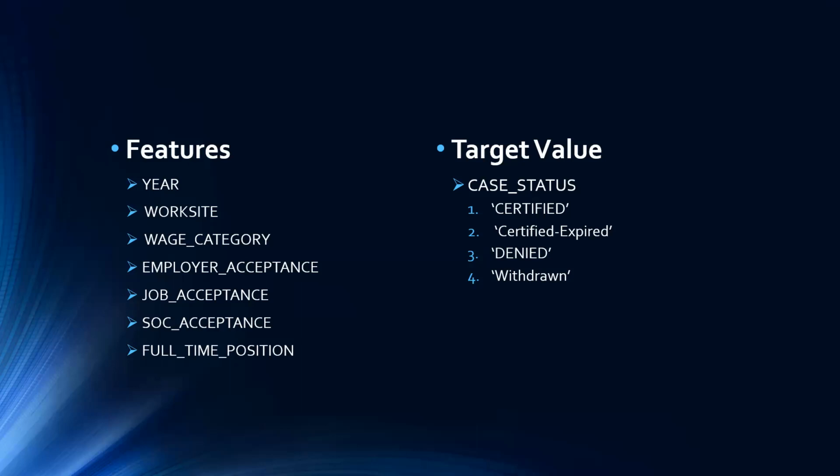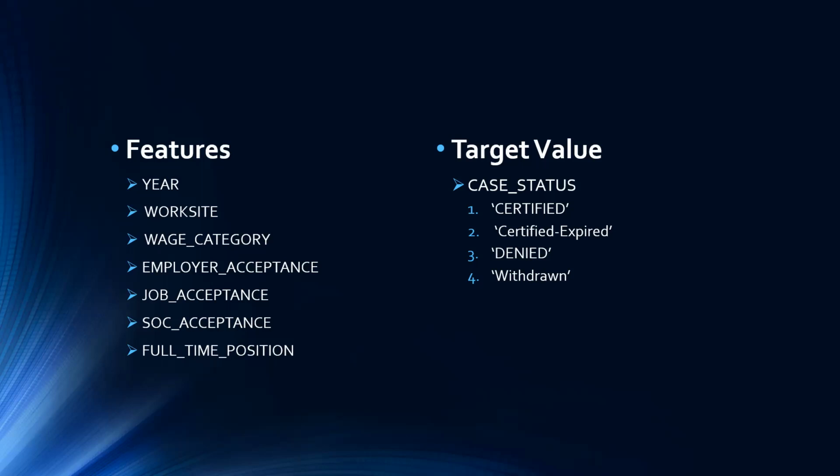These are the features which I have taken for my analysis, and the target value we see on the right-hand side is the column case status. It has four values: certified, certified expired, denied, and withdrawn.